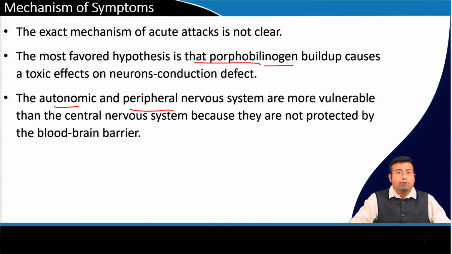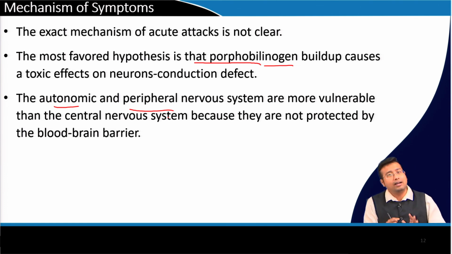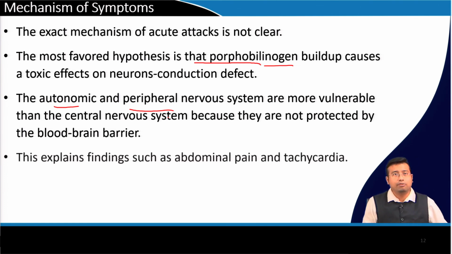So, pain abdomen, the nerves that are outside the brain, right, same with tachycardia, also due to the same triggering of a nerve in the periphery, right, vagus nerve. Mind it, all the nerves that are outside the brain are known as peripheral nerves, and the brain and the spinal cord are the central nervous system.